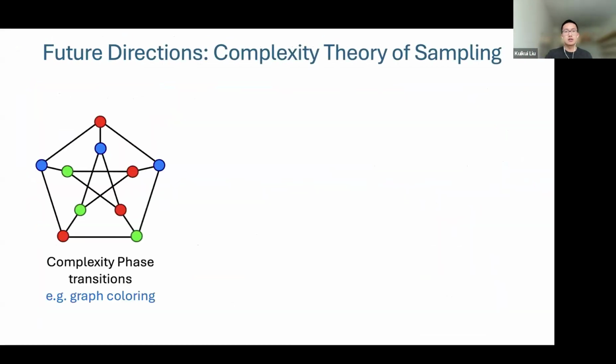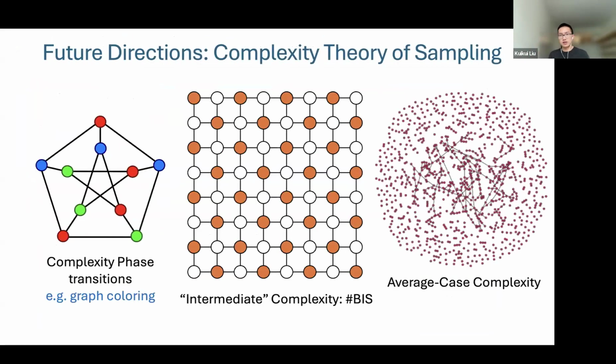There are still many major open problems on the complexity theory of sampling, for instance, complexity phase transitions like Jerrum's conjecture on fast mixing of Glauber dynamics for proper colorings.